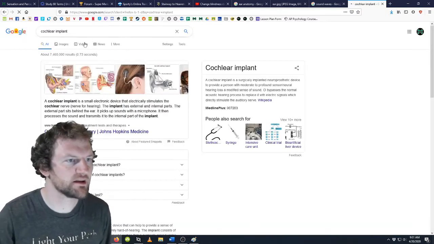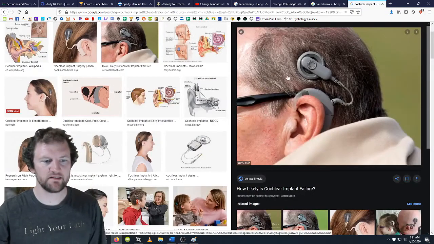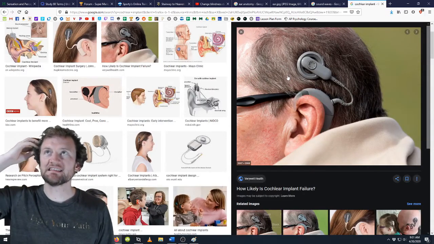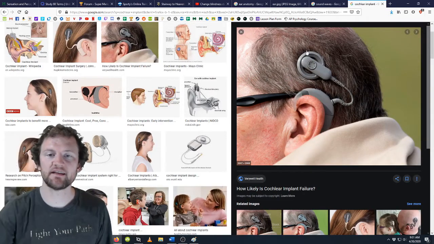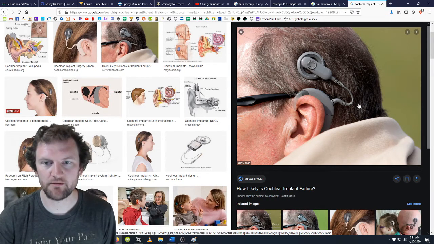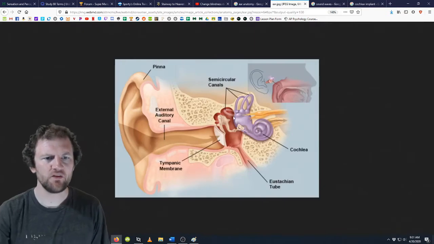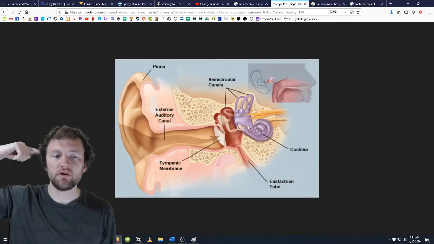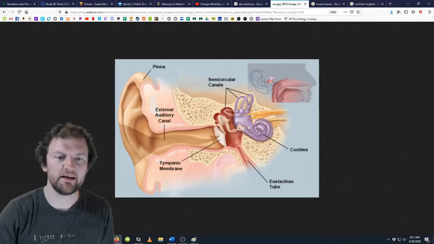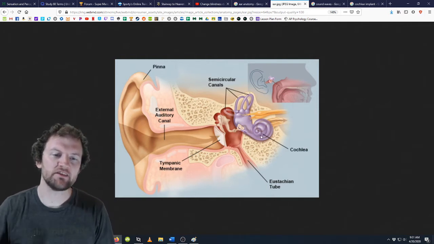A cochlear implant is this little device right here. It's a listening disc on the side of your head, like a microphone here, and that feeds the information that the microphone picks up through these wires. Those wires literally go through your head, and there are wires that are fed in through your cochlea, and they serve as a replacement for the hair cells.